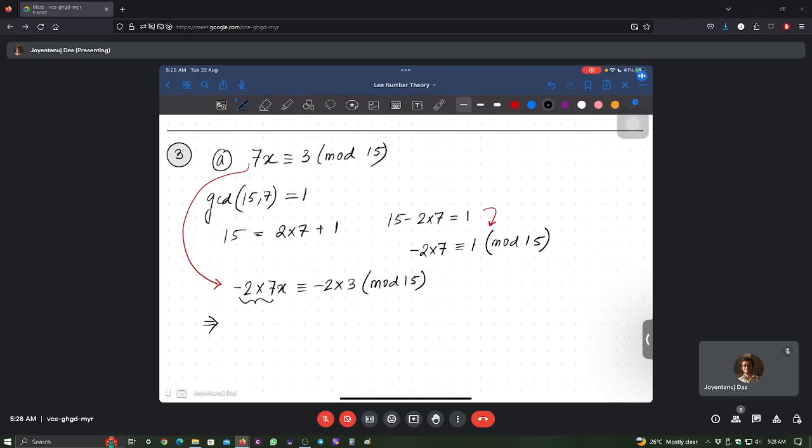Combining minus 2 and 7 gives 1, so x is congruent to minus 6 modulo 15. And minus 6 is nothing but 9 modulo 15, because we give non-negative answers. So x is congruent to 9 mod 15. This is the solution.